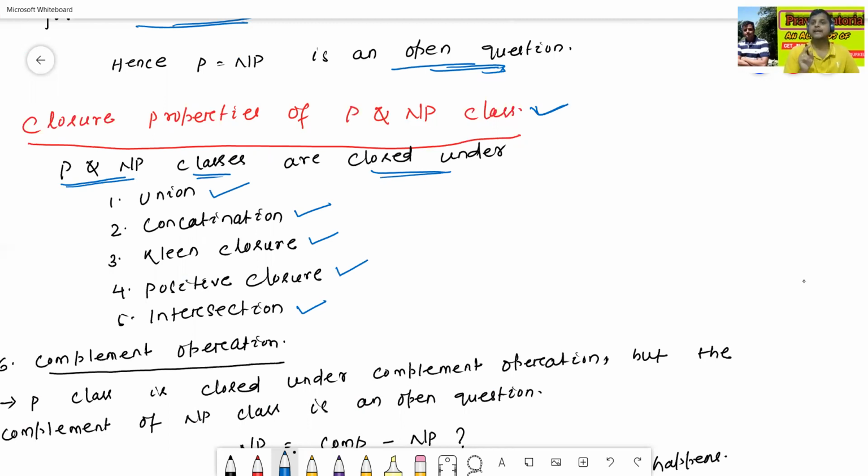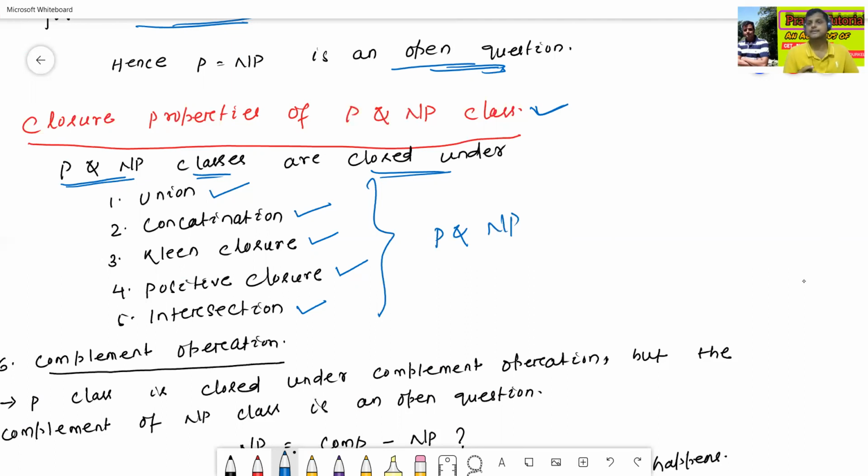So P and NP are both closed under these 5 operations.